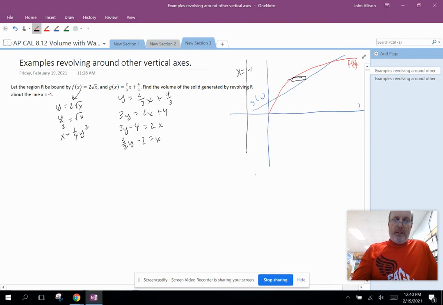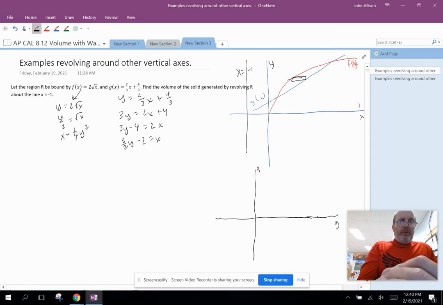So now if we graph that with the y-axis horizontal and the x-axis vertical, this was the x-axis, and this was the y-axis.